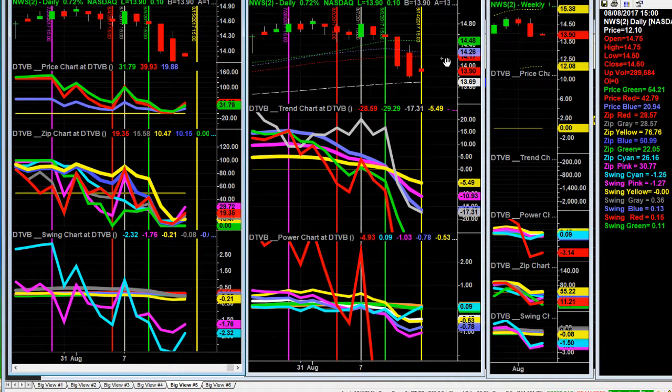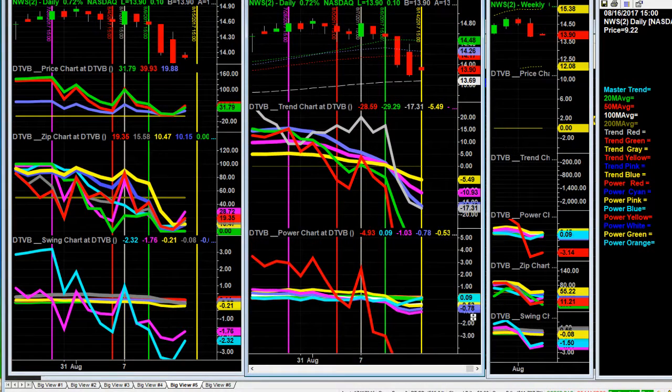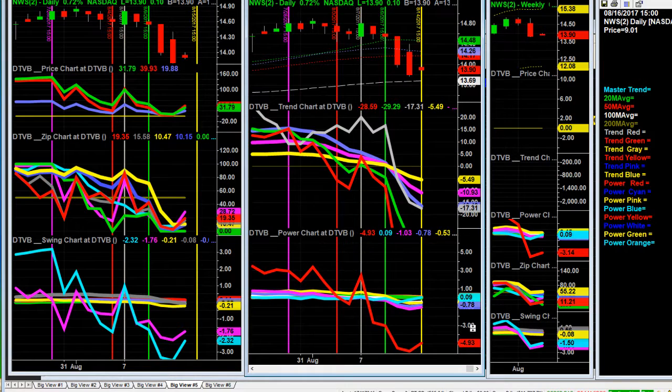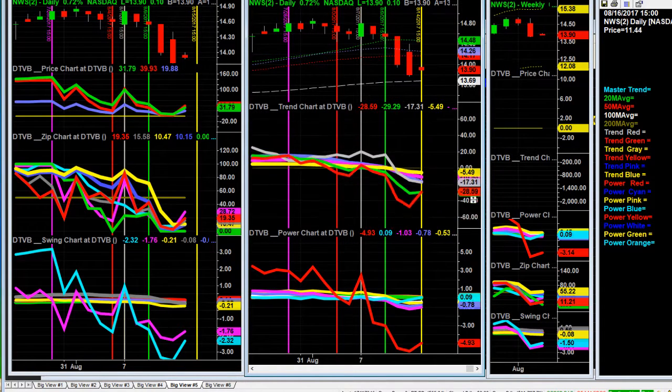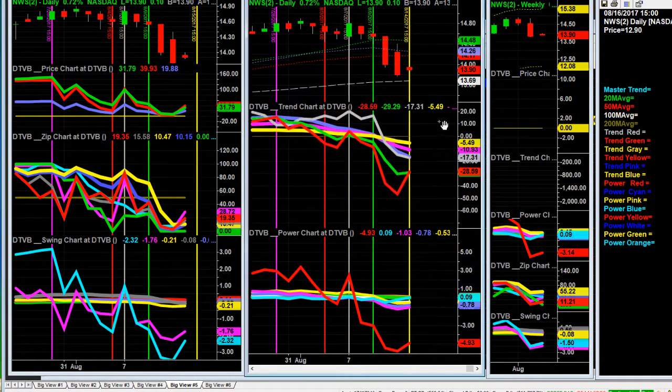And I use pairs loosely, because when I'm identifying with pairs, I think of, for example, trend red and power red as a pair, but they're not paired when I say matched or synchronized.